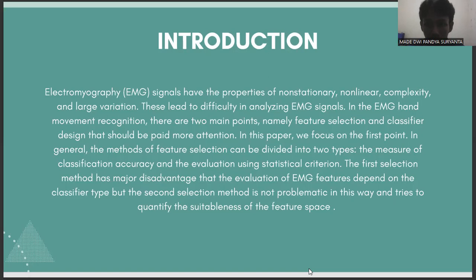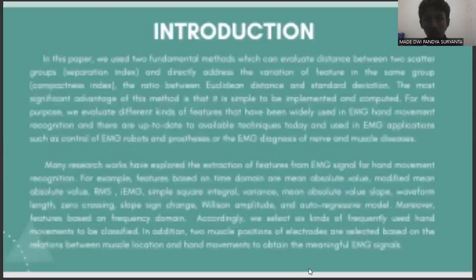The first selection method has the major disadvantage that the evaluation of EMG features depends on the classifier type, but the second selection method is not problematic in this way and tries to quantify the suitableness of the feature space.